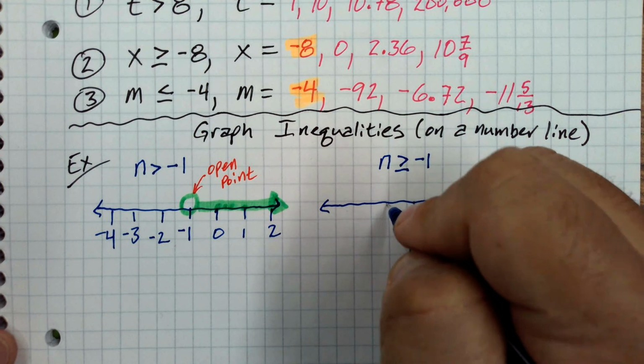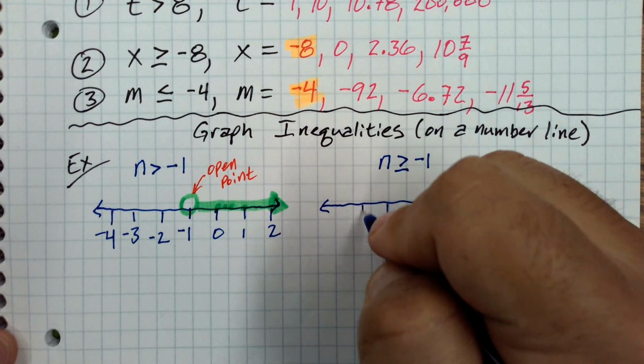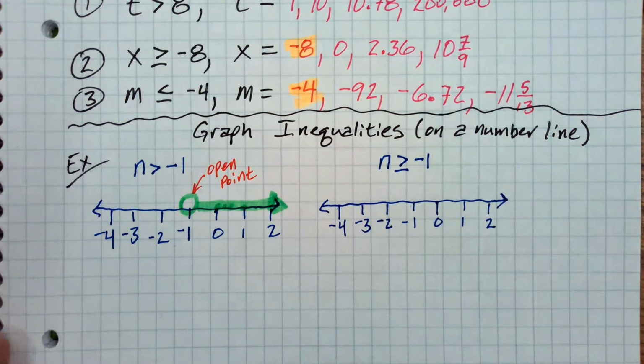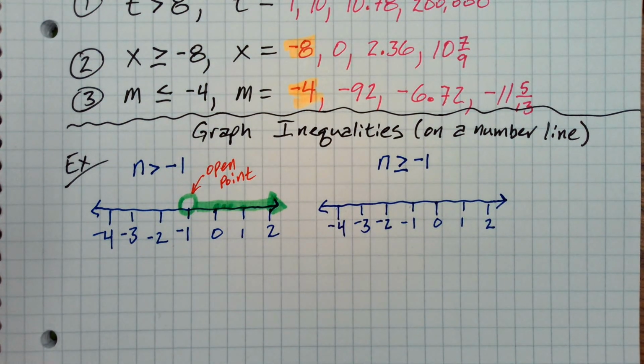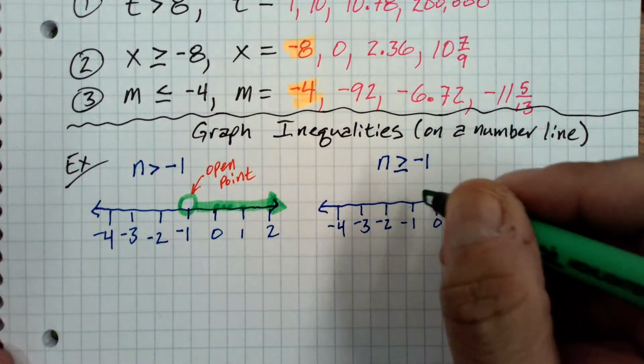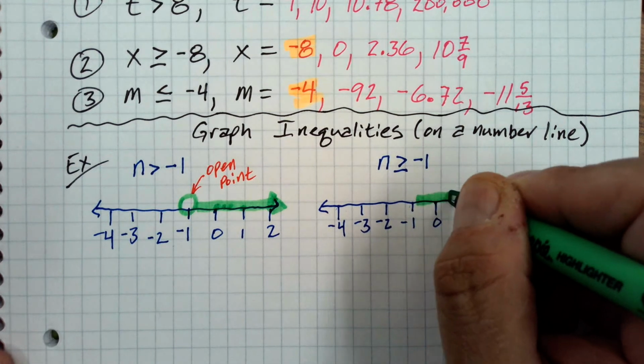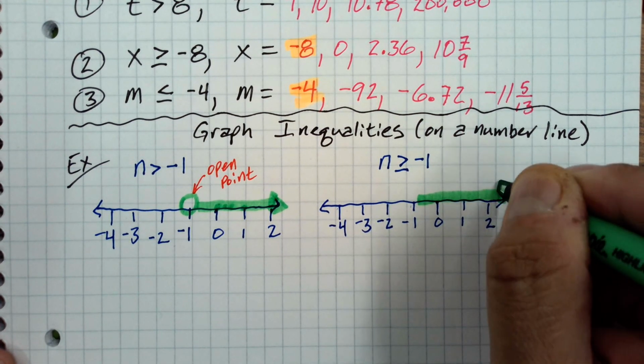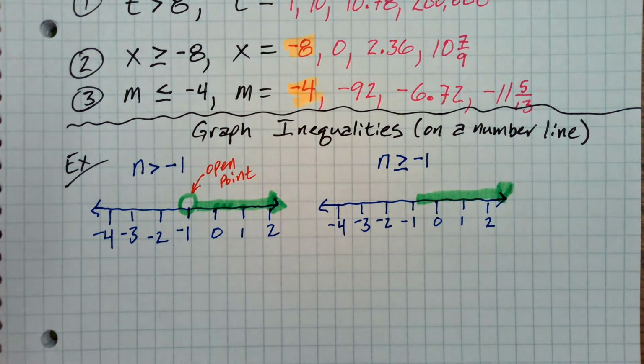There they are. So there's our number line. And this time, it's all the numbers greater than -1 again. So it's all those same numbers. So I'm just going to draw a line going this way on to infinity, like that.